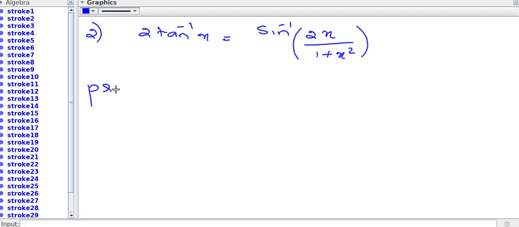Proof. Here also we can take the LHS. LHS is 2 tan inverse x, right?